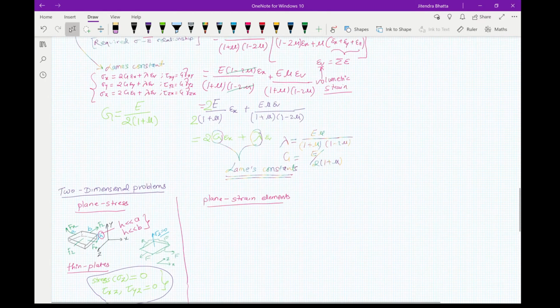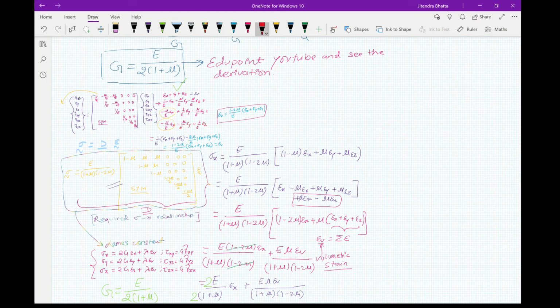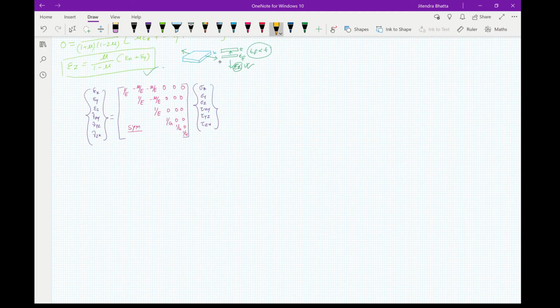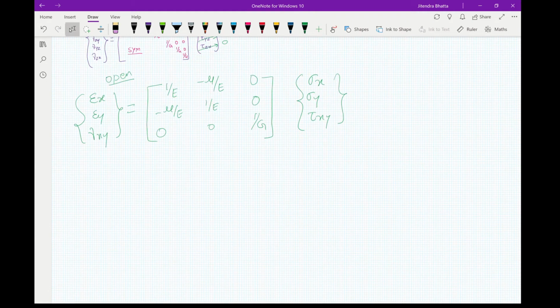If you look at our other equation, which is this one here, we can put sigma z equals 0, this one 0, this one 0, and open. Now if we want to find our stresses, we have to find the inverse of this matrix here.